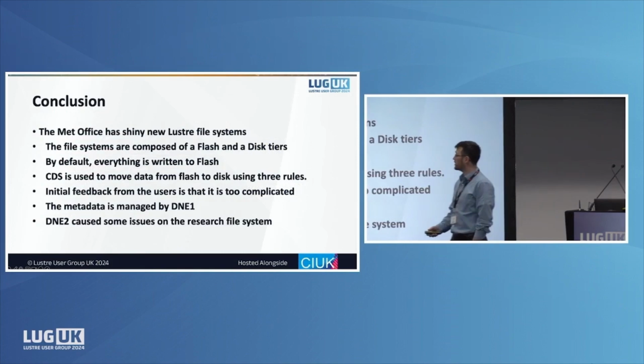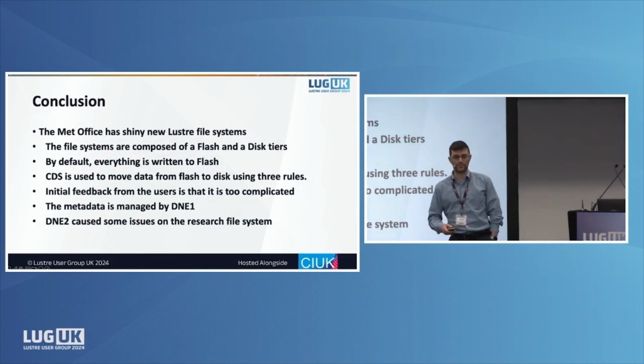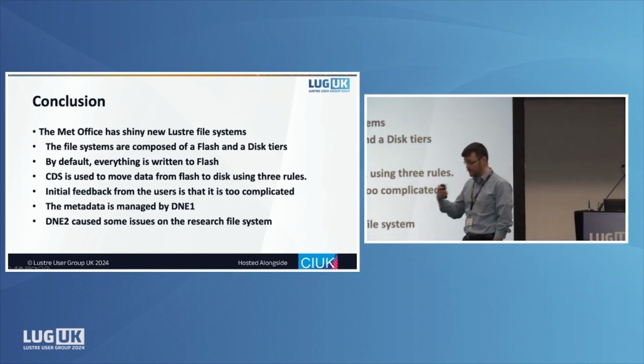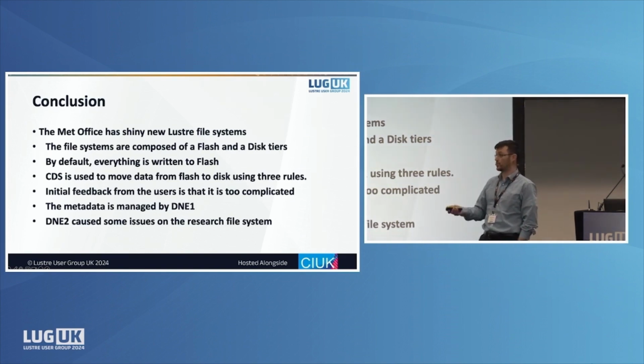So the conclusion is that we have a shiny new Lustre file system, and we are looking forward to using it a lot. The file system is composed of flash and disk tiers and pools. By default, everything is written to flash, and we use CDS with these rules for moving the data from flash to disk. But we are not 100% sure that that thing is going to work.